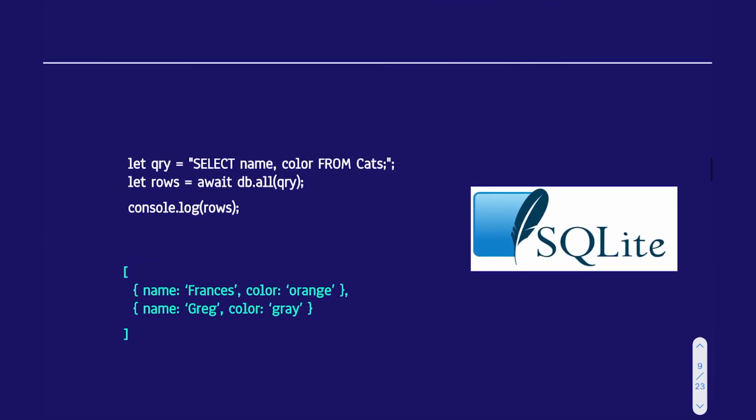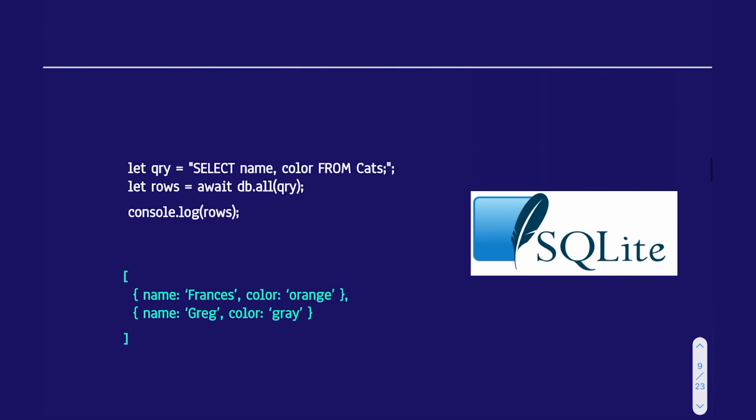For example, if we have this query here where we're saying select the name and the color from some cats table, it's an asynchronous command where we do db.all that query. So then SQLite will run through the cats table and return this array of JavaScript objects.